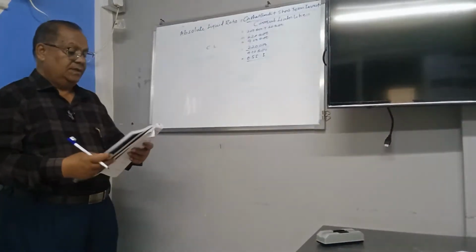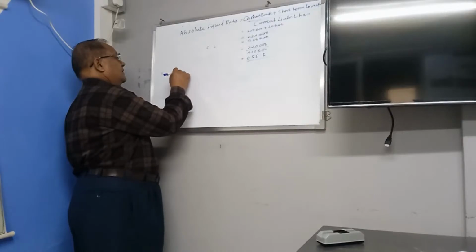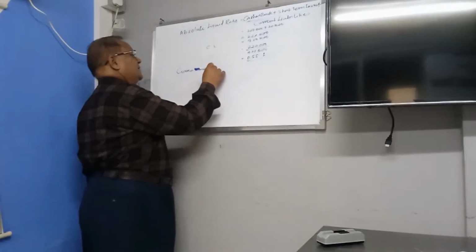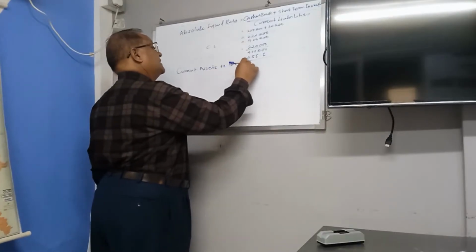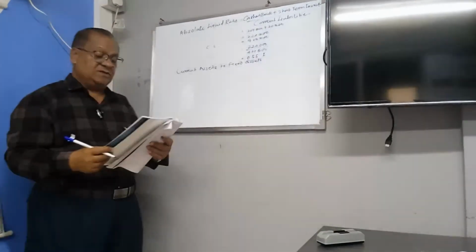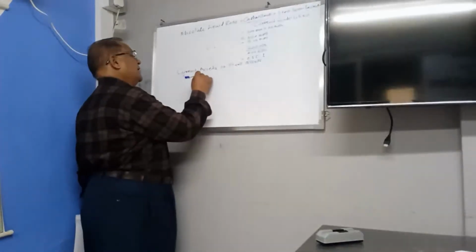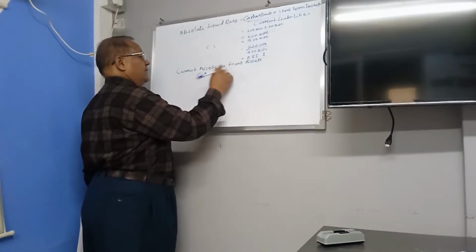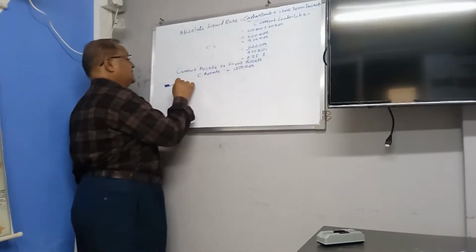Now, next is current asset to fixed asset. Current assets is already given to us. How much? CA means 10 lakh. Then fixed asset we have to ascertain.